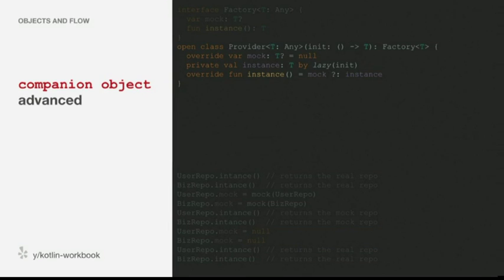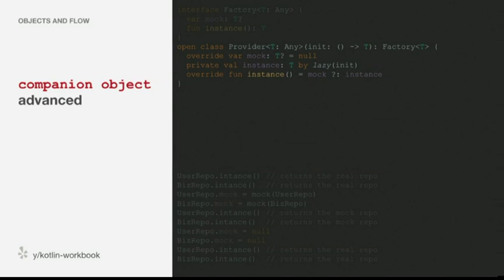We then override that mock property, and we set it to null by default because we don't necessarily want to mock everything unless we're testing. We then have the instance property that we create ourselves. It is lazily instantiated, which we'll talk about a little bit later, but we basically call on that init block that's passed into us to get the value that we want for that instance.